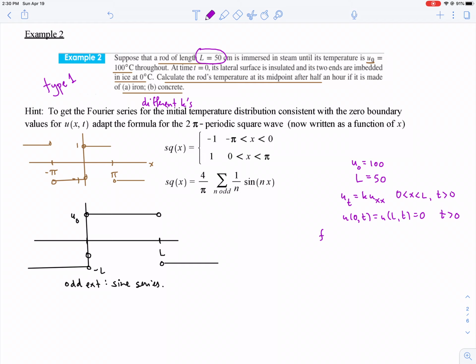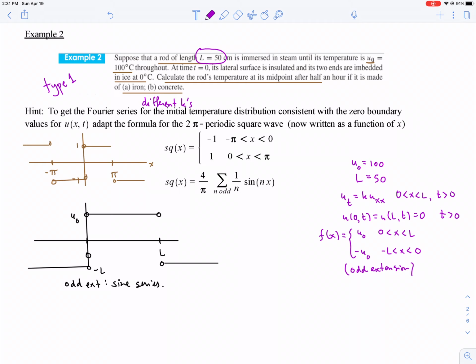So f of x is U0 for 0 less than x less than L, and minus U0 for negative L less than x less than 0. And we're using the odd extension because we want a sine series in x so that the temperature is 0 at the endpoints.